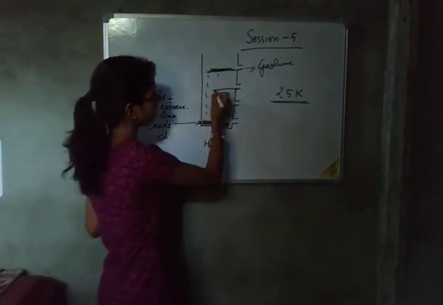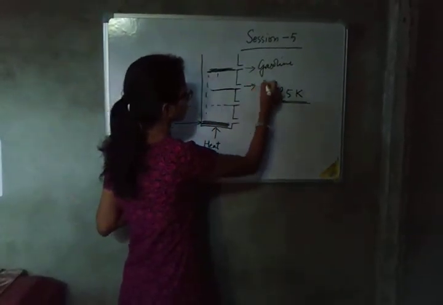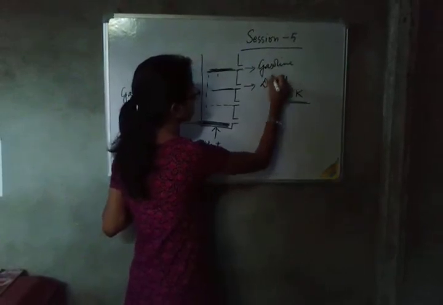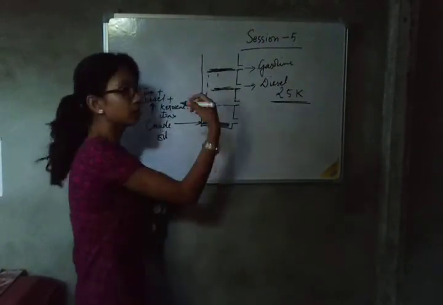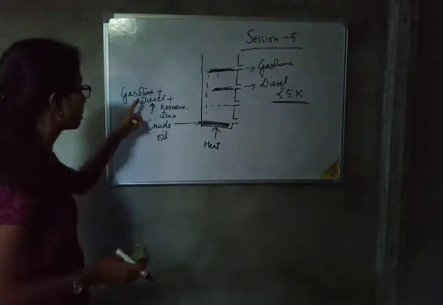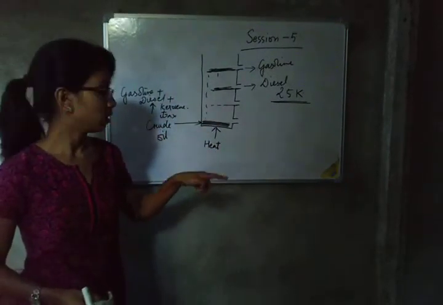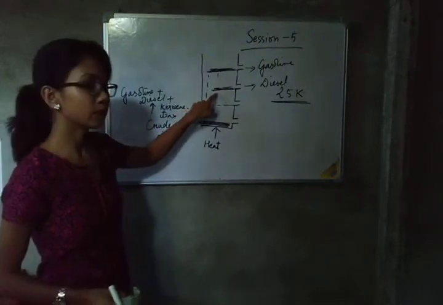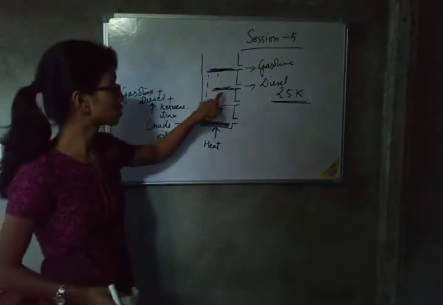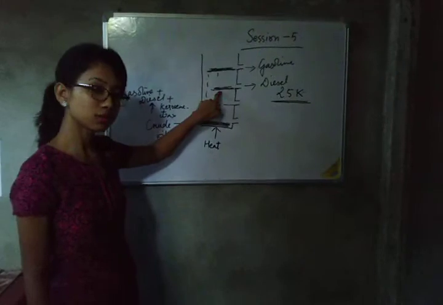Then in the second plate, diesel. Diesel has a slightly higher boiling point than gasoline, so it will vaporize later than gasoline and get condensed in the second plate.